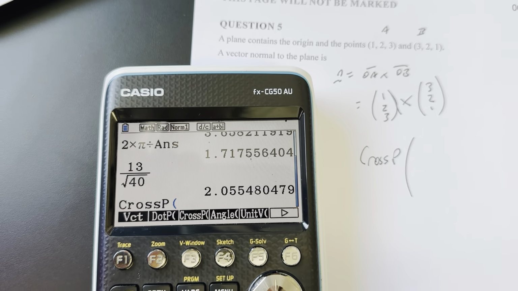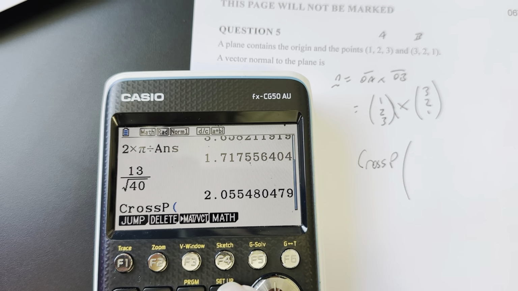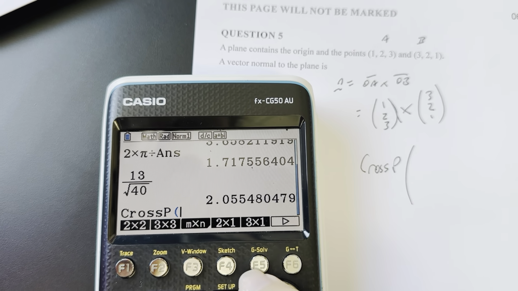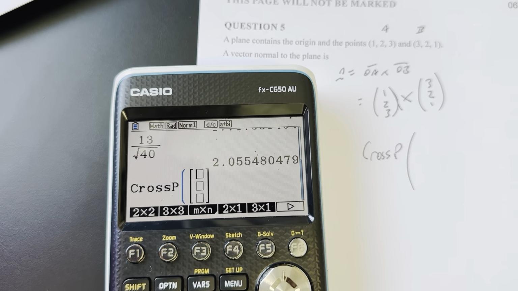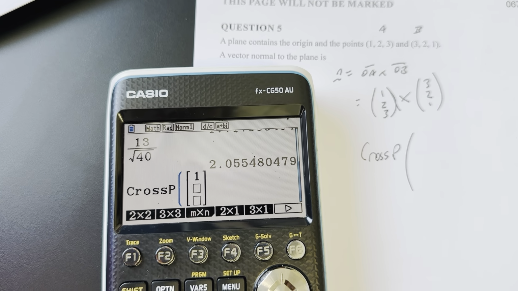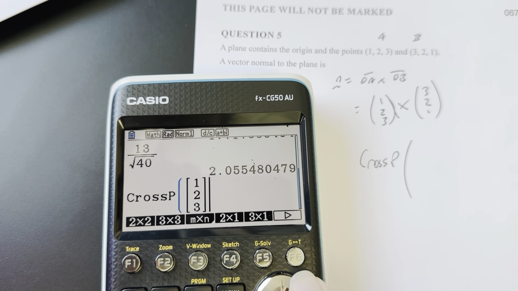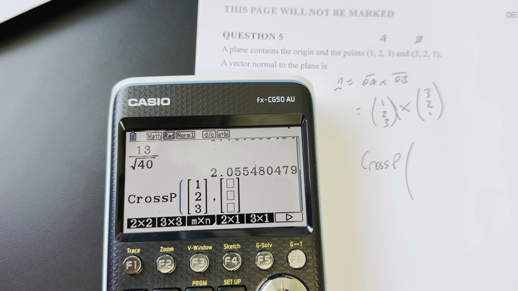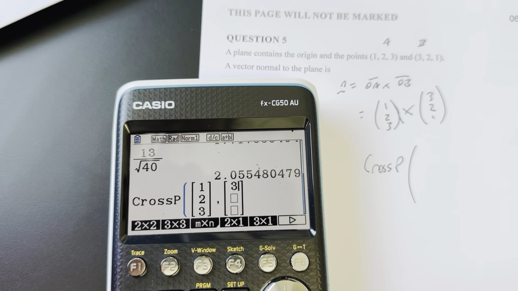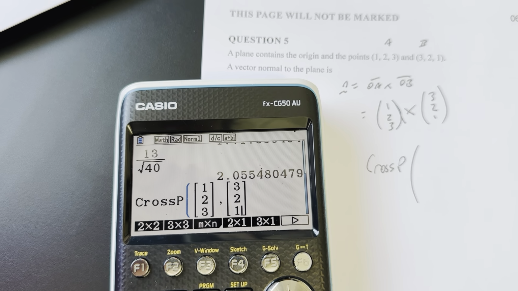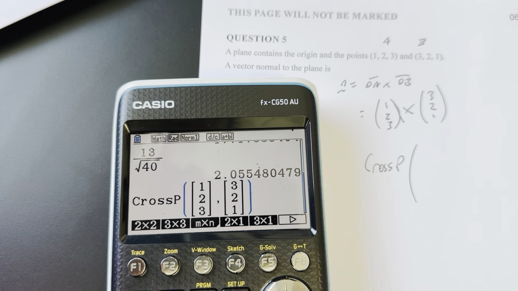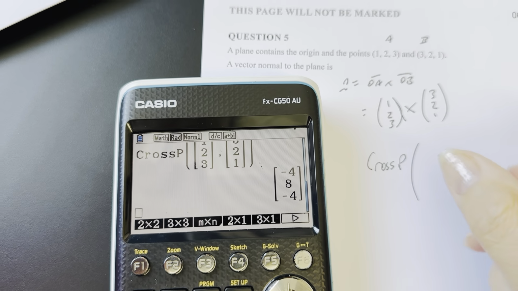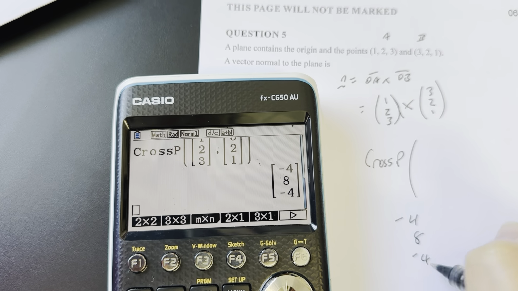Once I get the CrossP up, exit back and go MatVec, 3, 1 to enter my vector: 1, 2, 3. Then I put a comma in between, and I'm going to go 3, 1 again: 3, 2, 1. Close my brackets, execute: -4, 8, -4.